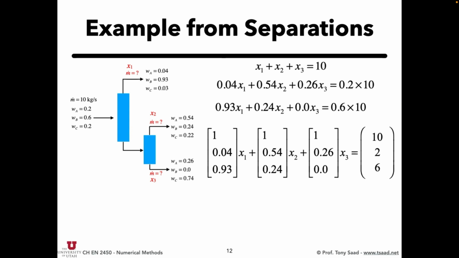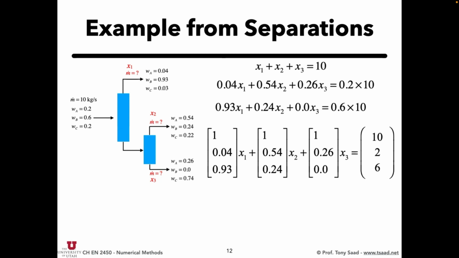I hope you can see that this is the same system of equations we had before: 1 times x1 plus 1 times x2 plus 1 times x3 equal 10, 0.04 times x1 plus 0.54 times x2 plus 0.26 times x3 equal 2, and so on.